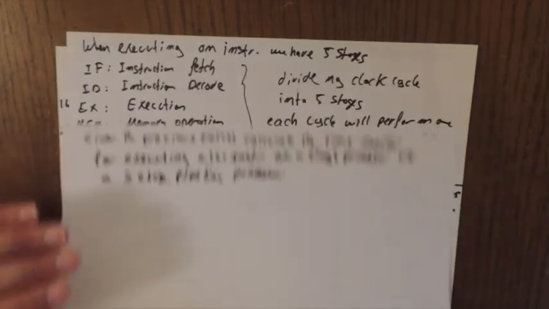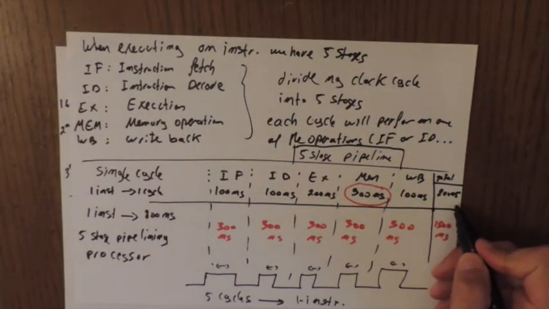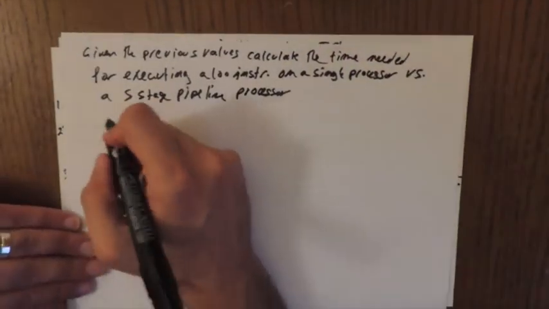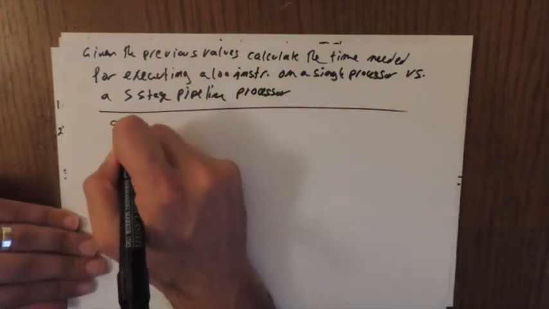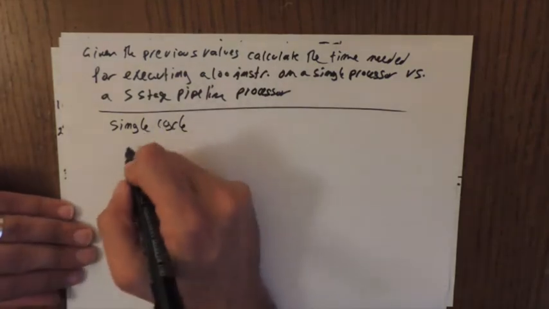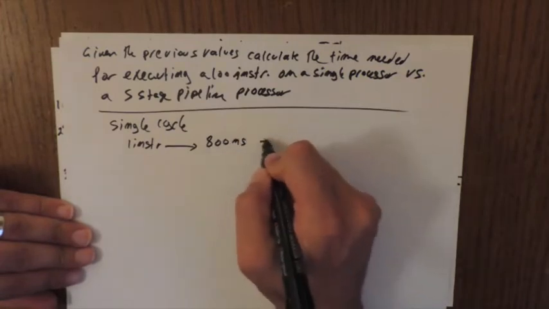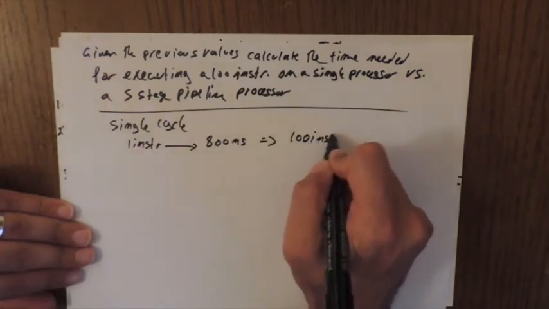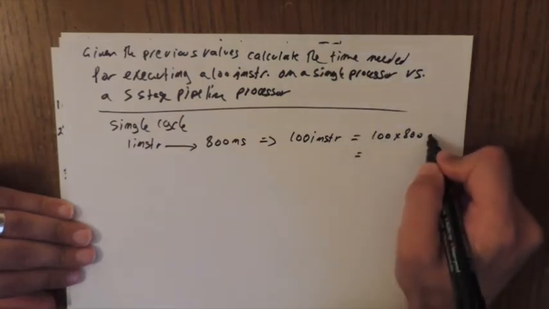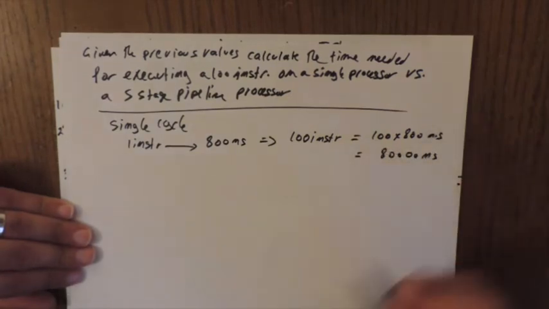So in this case, I take a look and I see that I have 800 nanoseconds for a single cycle. So let's take the case of a single cycle first. So this means one instruction takes 800 nanoseconds, implies 100 instructions will take 100 times 800 nanoseconds, which will be 80,000 nanoseconds.